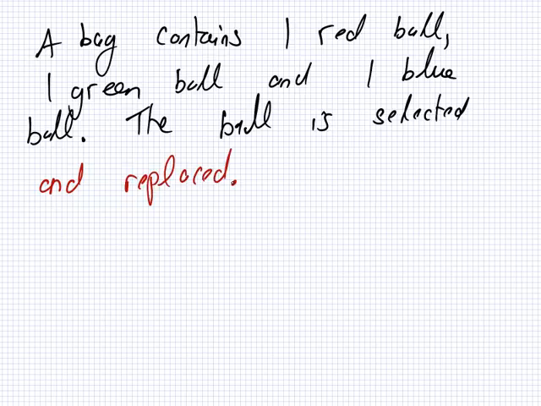So what that means is you take the ball out, you look at the colour, and you put it back in. Yeah, replace means the ball gets put back in after you take it out. So you put your hand in, take out, look at the colour, and put it back in. You understand?